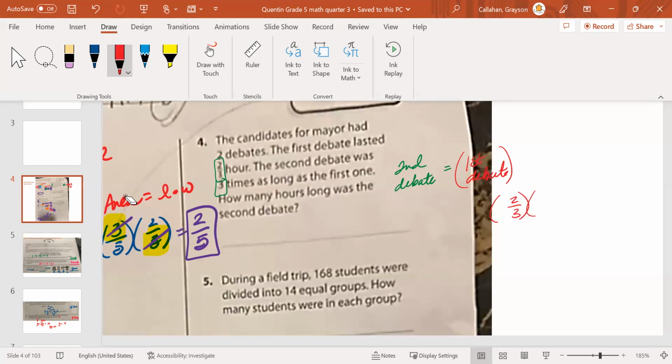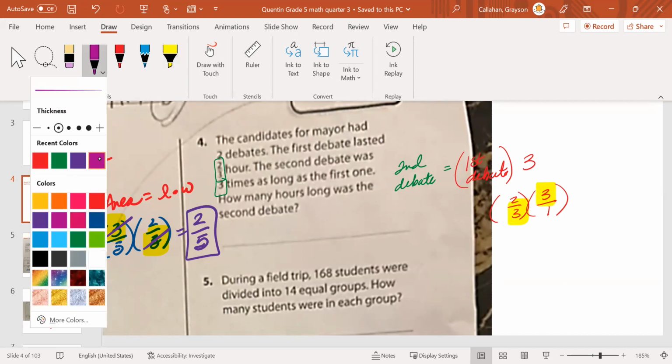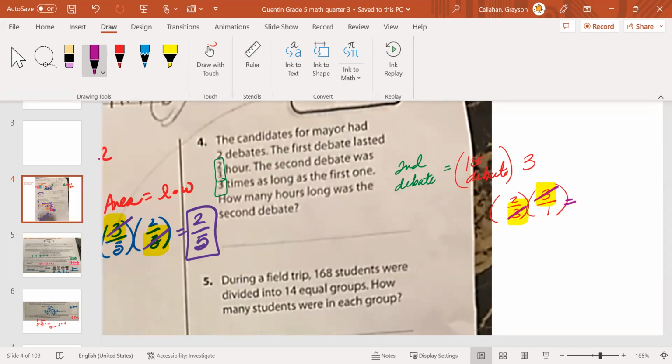Or I'm sorry, not times 2/3, times 3. And then times 3/1. Do you see that? Do you see anything that's the same top and bottom? Anything same top and bottom? What number? Yeah, so that means you can go and cancel it like this, okay? So it's 2/1. So how long was it? 2 hours.